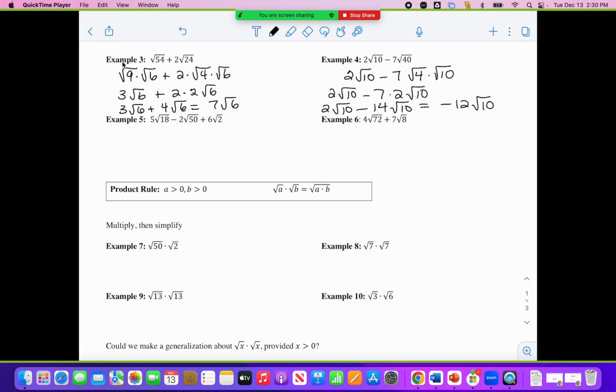So if I'm going to want a 2, then hey, 18 is 9 times 2. 50 is 25 times 2. So I'm using the clues that the problem is giving me. So that's 5 times 3 square root 2 plus 2 times 5 square root 2 plus 6 square root 2.